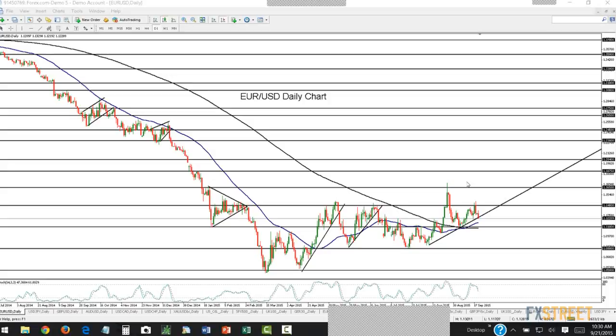I think most of the market is pricing in some type of rate hike by December of this year. Now, what does this mean? Well, interest rates are the biggest movers of the currency markets, and therefore the dollar could be the biggest beneficiary of a rate hike. That's why we've seen the dollar increase drastically over the last several months, and actually since last year, over the anticipation of this rate hike.